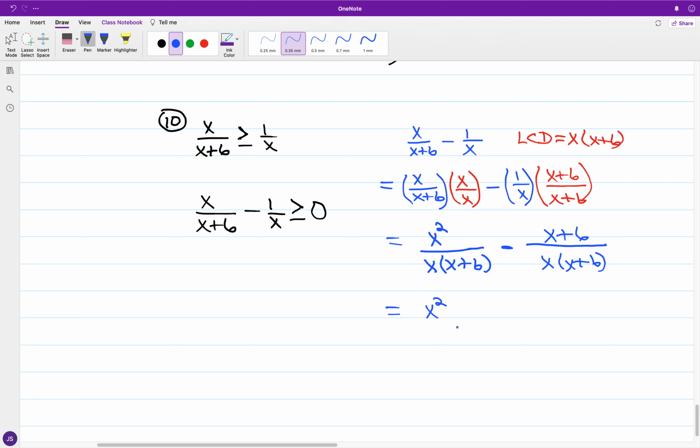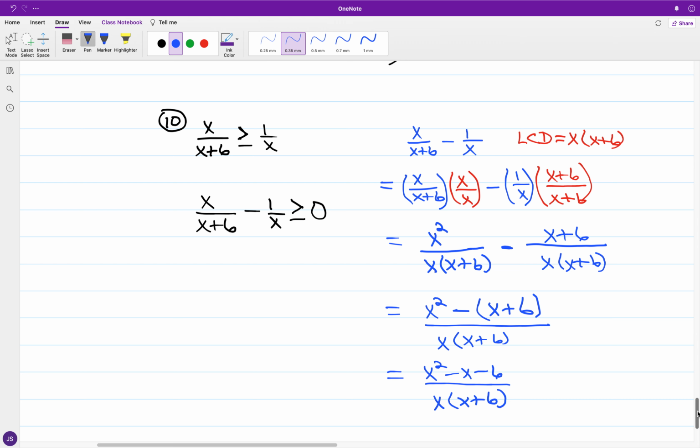The x plus 6 from the second ratio is going to be affected by the subtraction preceding the ratio. Narrowing this down, we have x squared minus x minus 6 over x times the quantity of x plus 6.